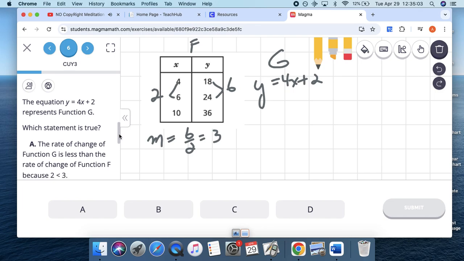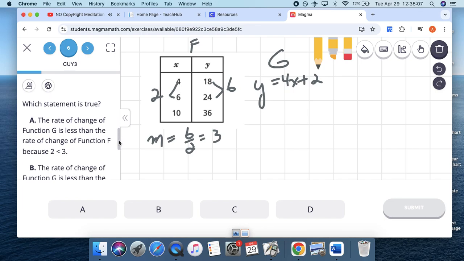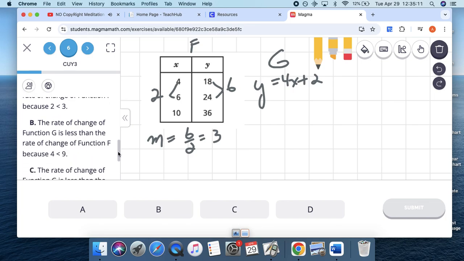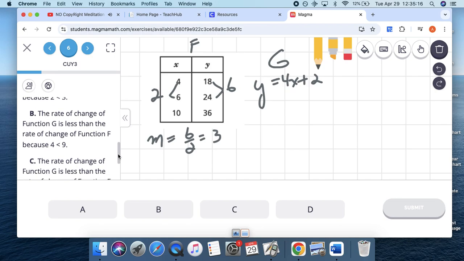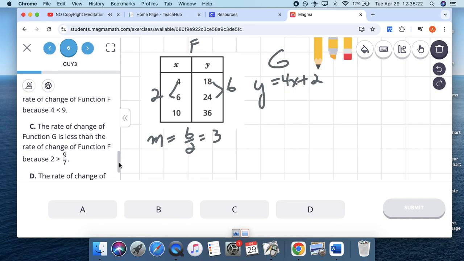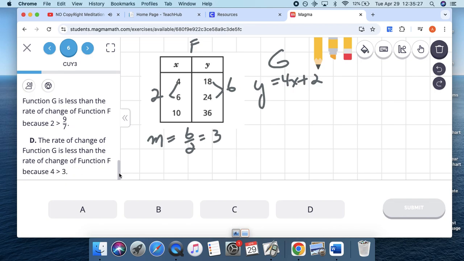The rate of change of g is less than the rate of change of f. No, what in the world is going on? The rate of change of g is less than the rate of change of f because 4 is greater than 3.